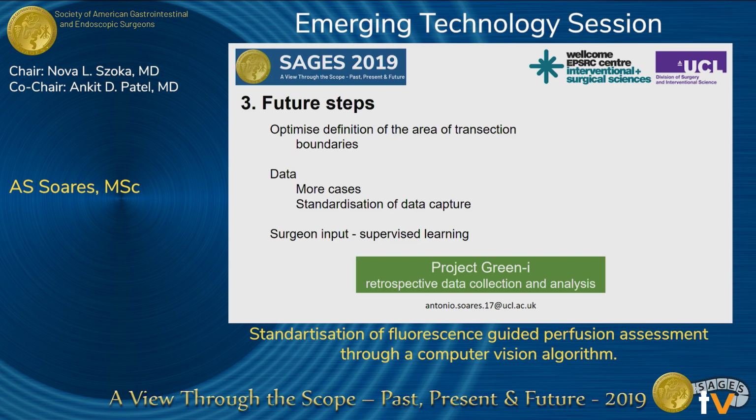The fact that every surgeon does what he or she wants or has become accustomed to is a limitation that we would like to address by discussing and achieving the optimal method to capture this data. And also, when we reach that point, we feel that we are in a position to start employing supervised methods.